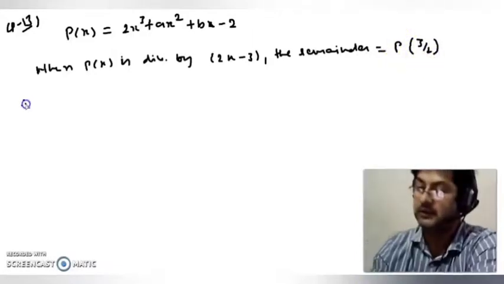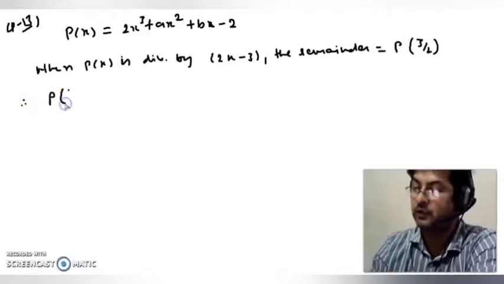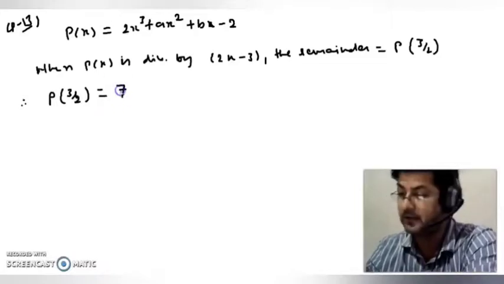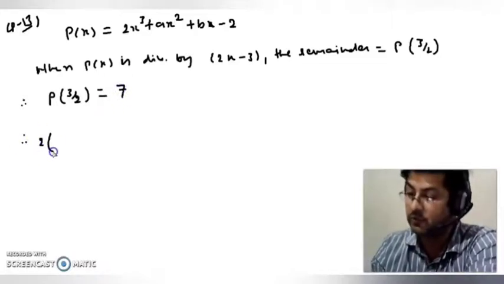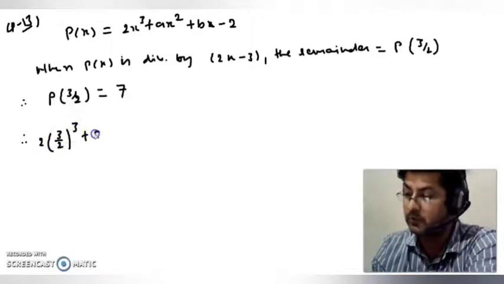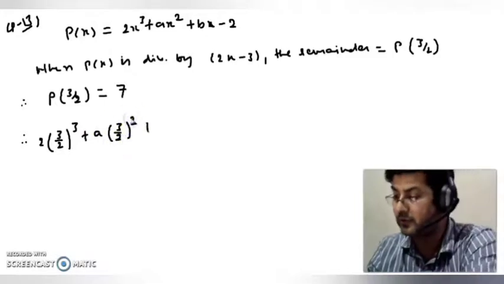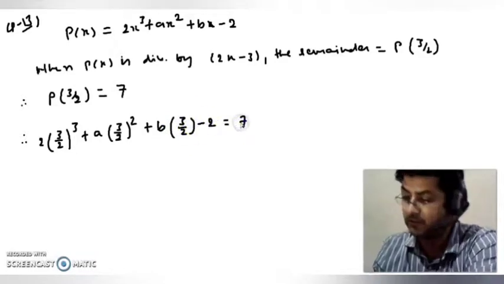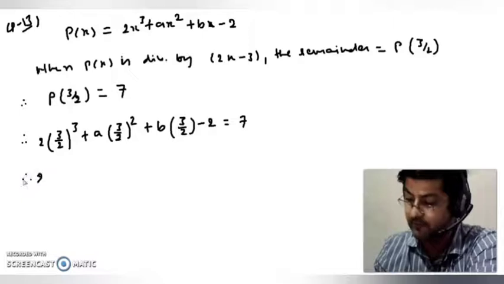And the value of p of 3 by 2 is already given. The remainder is 7 in the first case, clear? And therefore 2 into 3 by 2 the whole cube plus a into 3 by 2 the whole square plus b into 3 by 2 minus 2 is equal to 7.